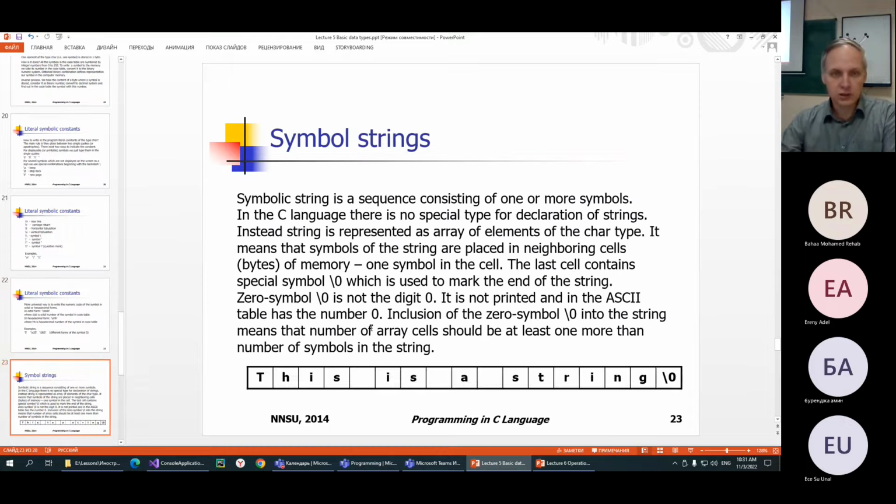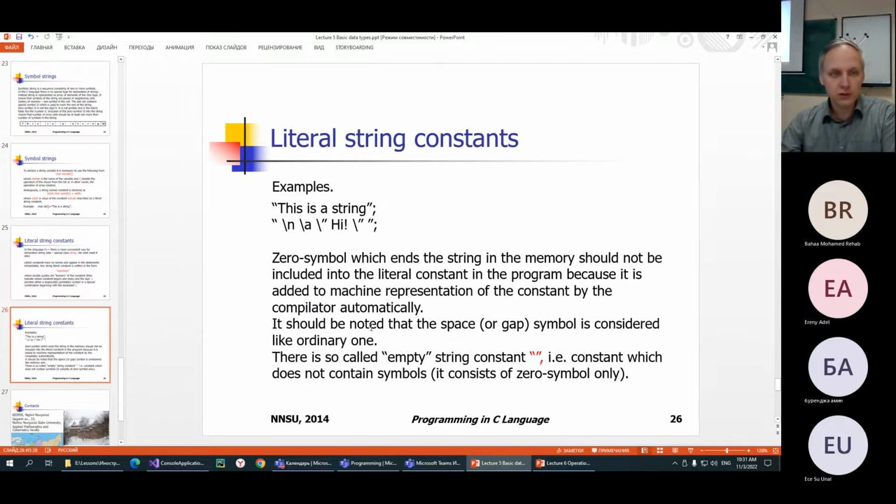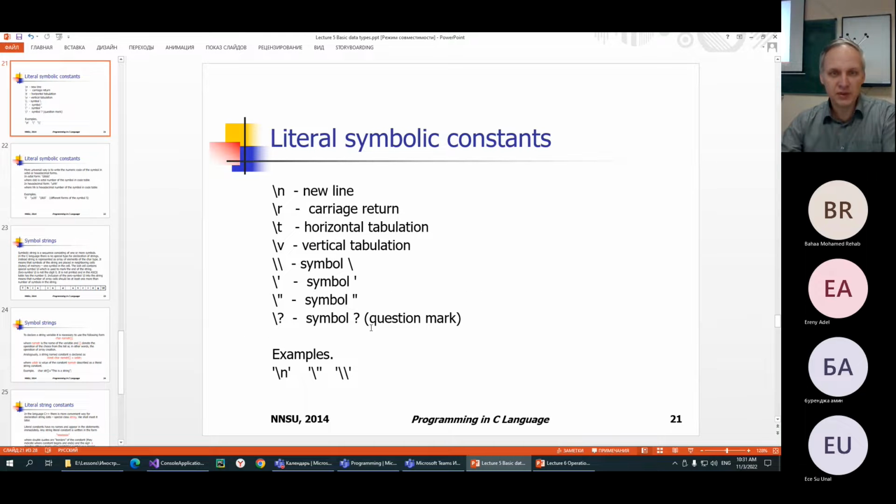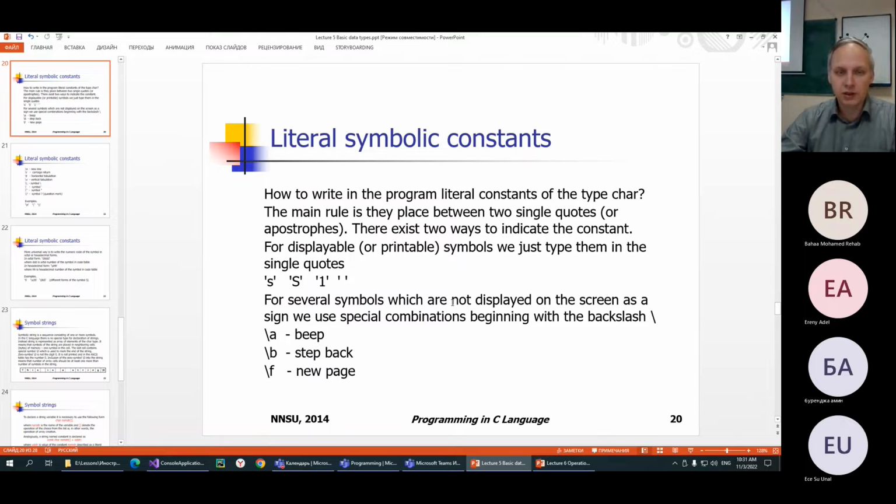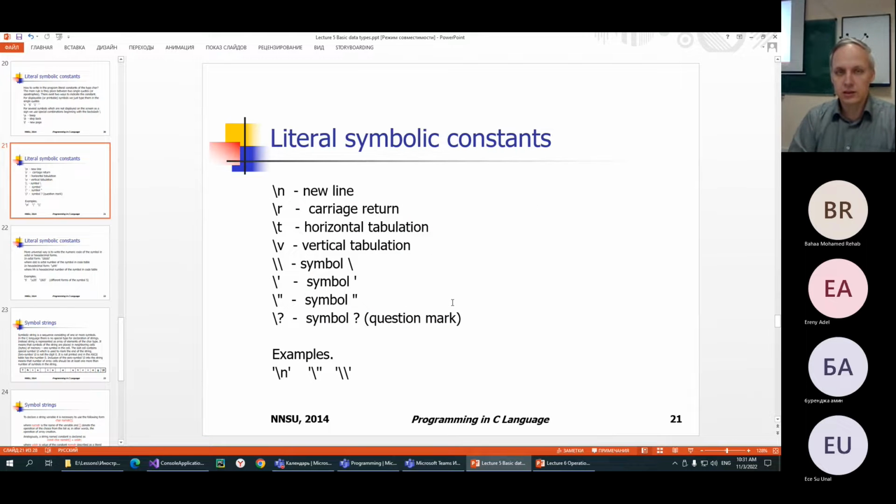Well, and also, maybe the last feature that I want to show you in this lesson: in C language there are some so-called unprintable symbols, symbols that can be output using a special command. Maybe the most useful example for you will be the symbol that corresponds to enter, a new line.